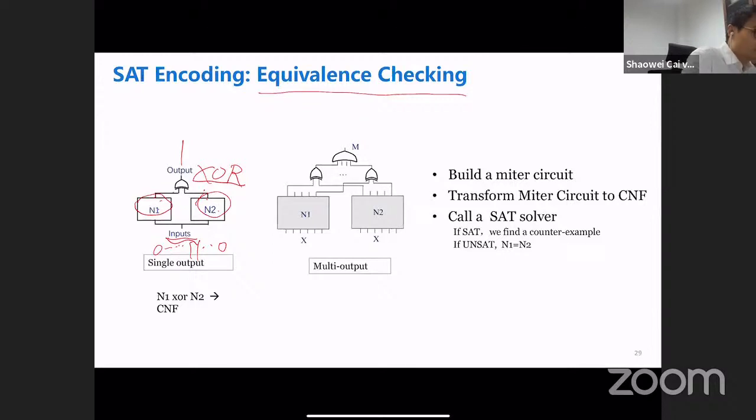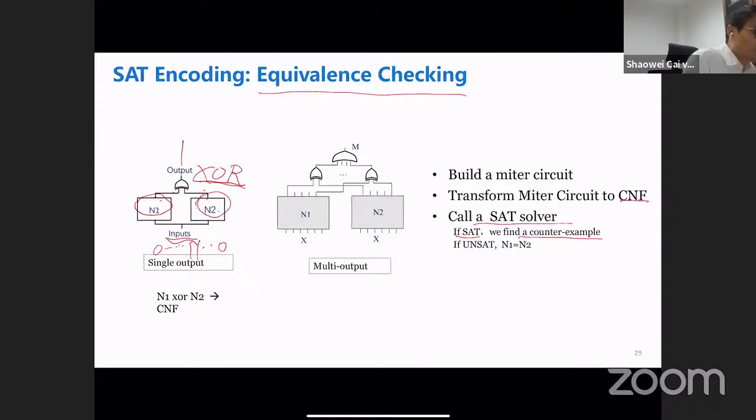Now this corresponds to a circuit, and we can transform the circuit to CNF as we introduced in the previous slide. Then we call a SAT solver to check. If it is SAT, we have found an assignment that makes the XOR gate output 1, a counterexample saying that these two circuits are functionally different.